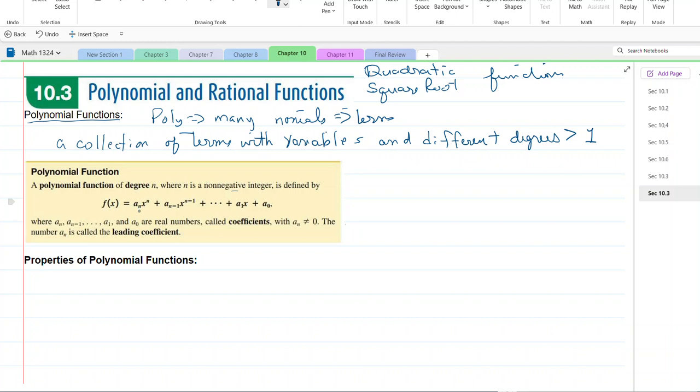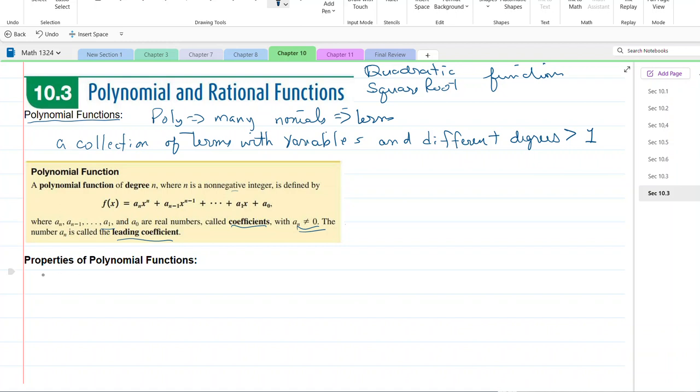Some coefficient to x to the n, meaning the largest degree, and in descending order. And the a's of 1 are called coefficients, and they cannot equal 0. And it is called the leading coefficient, any letter on the top. All right. So what are the properties of the function?